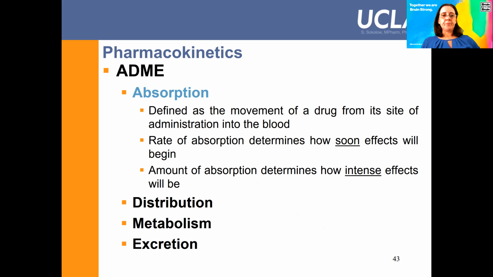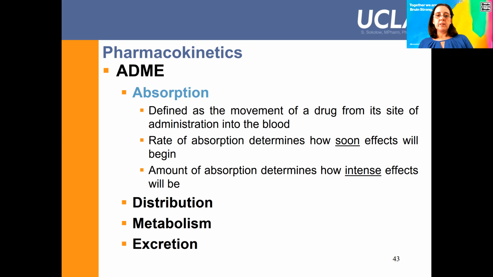So as I showed in the previous slide, the first step for an oral medication to reach the bloodstream is to be absorbed from the GI tract. And so absorption is defined as the movement of a drug from its site of administration into the blood. And the rate of absorption is going to determine how soon the effect will begin.